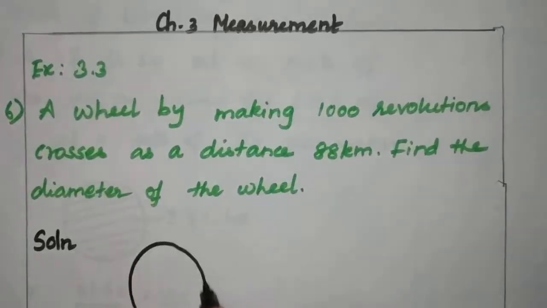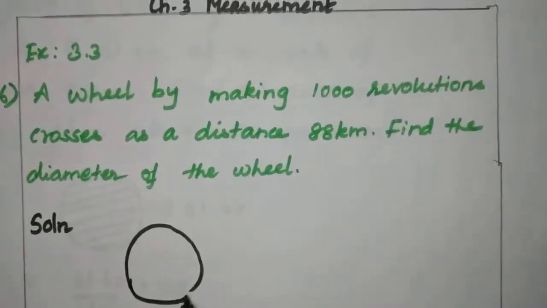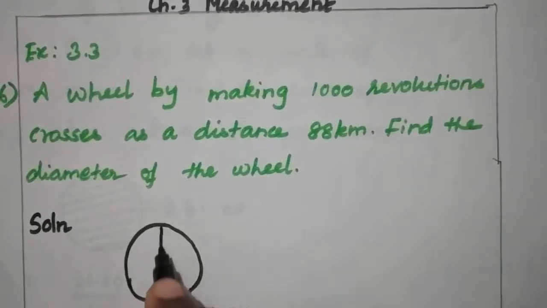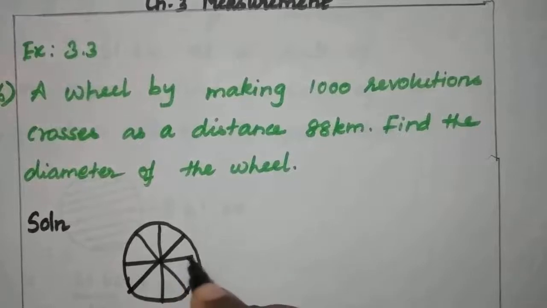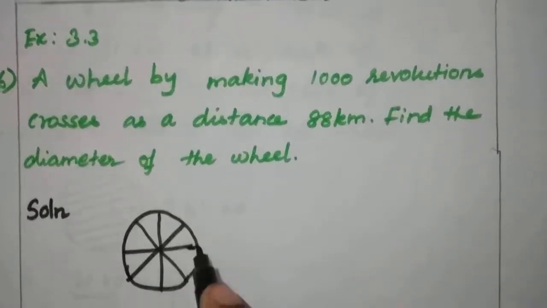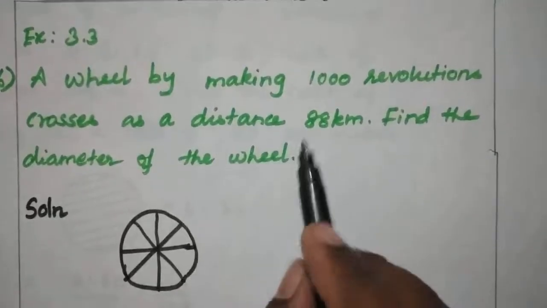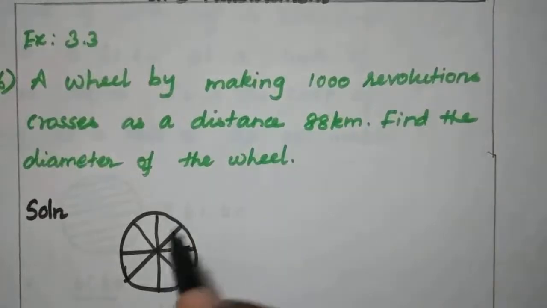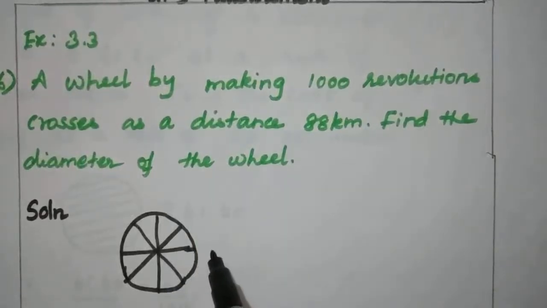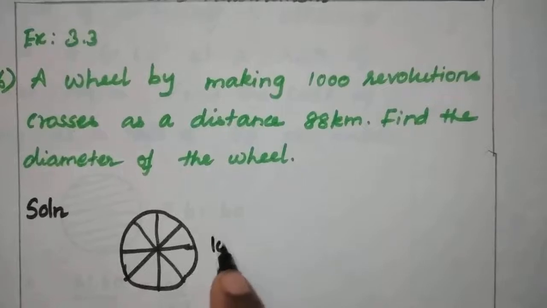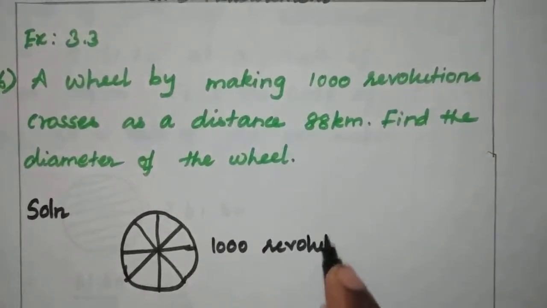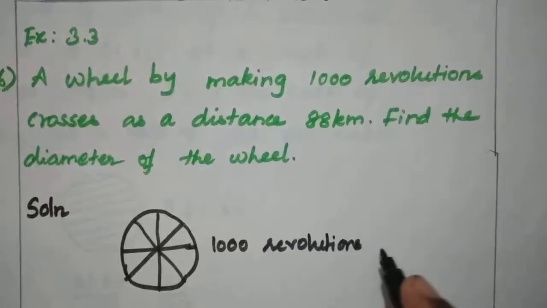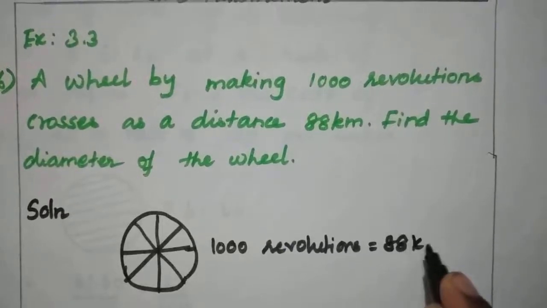This is a wheel. It's given that by making 1000 revolutions it crosses a distance of 88 km. So for 1000 revolutions, the distance is 88 km.